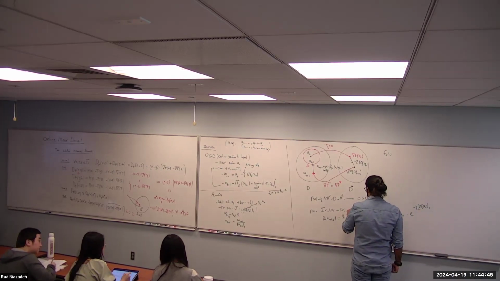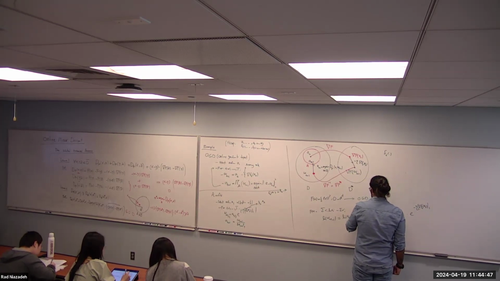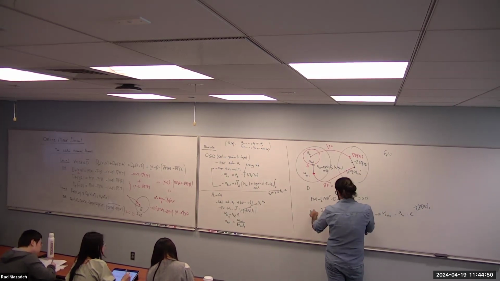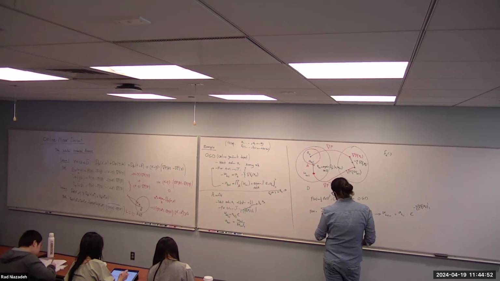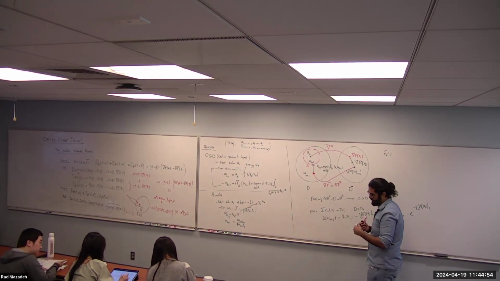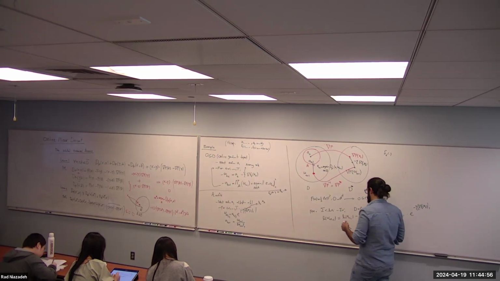Now, if I set the domain to be the d-dimensional simplex, and this is my F, therefore the Bregman divergence would be the generalized Kullback-Leibler divergence.